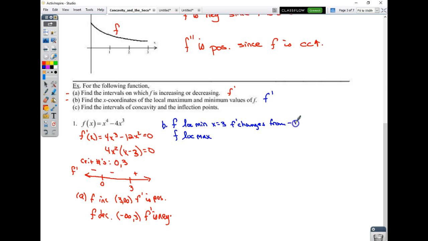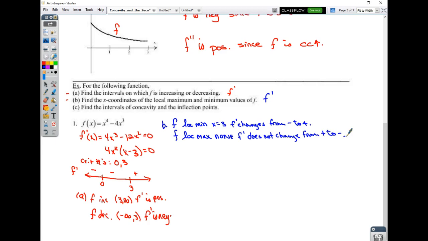And for a local max, that's when f prime changes from positive to negative, and you'll notice that doesn't happen. So this actually has none. f prime does not change from plus to minus.